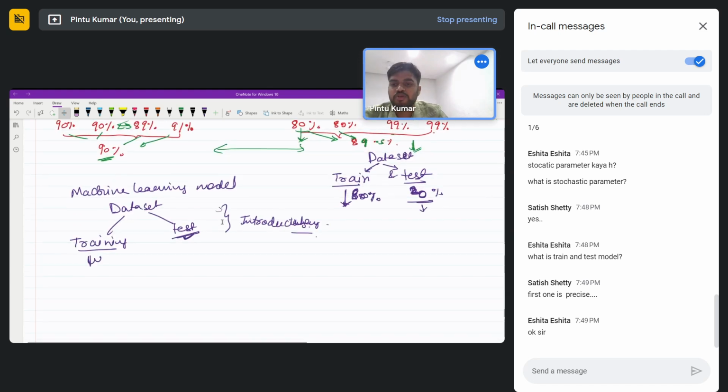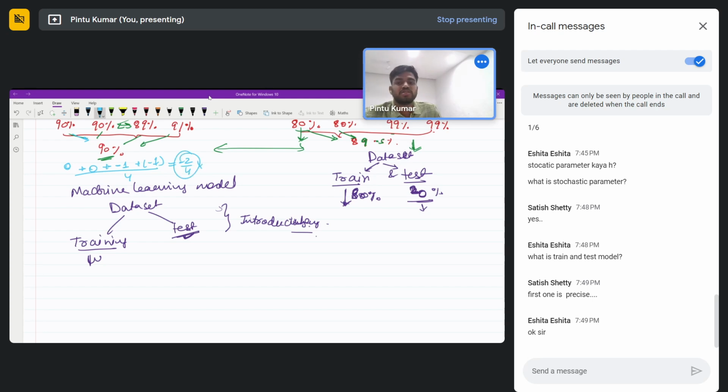Let's spend one or two more minutes. What I said is that the variance is the change from the mean value. If you calculate the change from the mean value in this case, this would be 0 plus 0, this would be minus 1 and this would also be minus 1. There are 4 points, so let's divide by 4. So this would be minus 2 by 4.